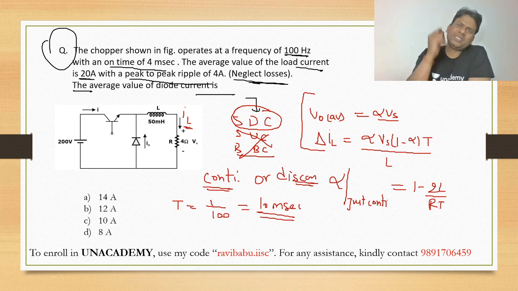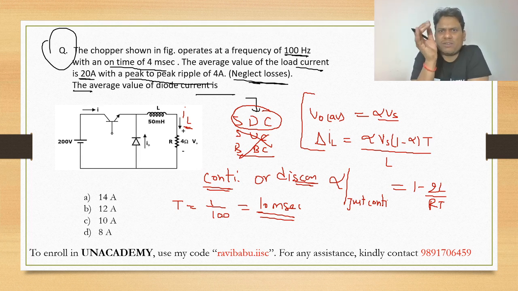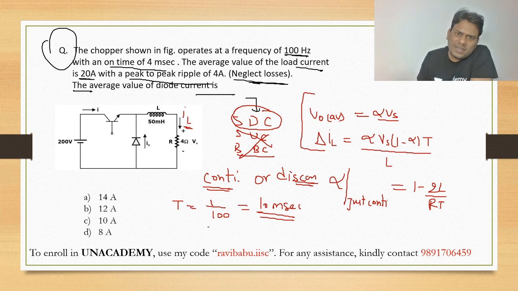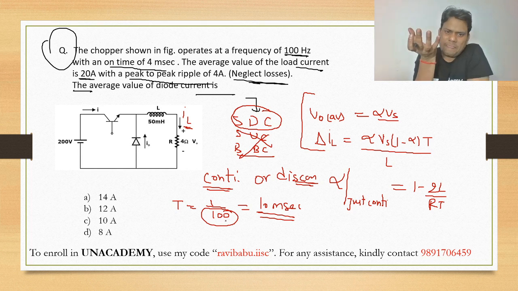To reduce this transient time, we should select high frequency to design our power electronics converter. This frequency 100 Hz is a very low frequency.